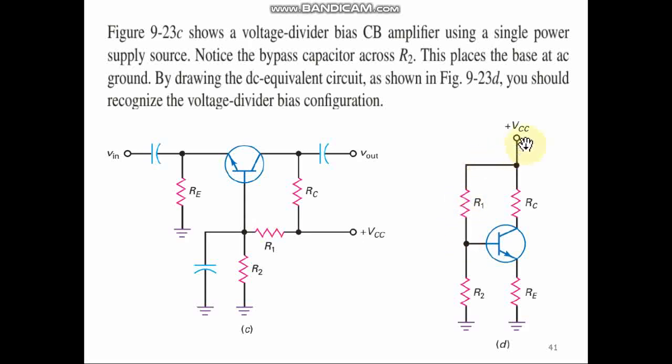The collector is connected to RC and VCC, and the emitter is connected to RE and ground. So this is the equivalent circuit for the common base amplifier. So this represents a voltage divider bias configuration.